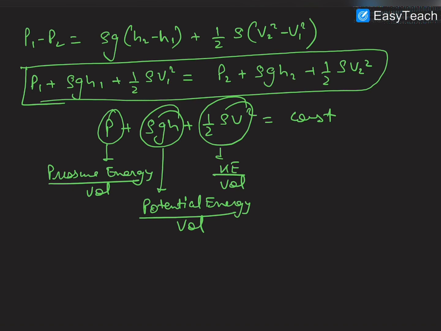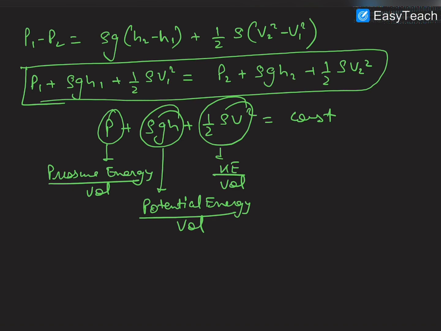Okay, so this is Bernoulli's theorem, which says that the sum of pressure energy per unit volume, potential energy per unit volume, and kinetic energy per unit volume in a flowing ideal fluid remains constant throughout the pipe.